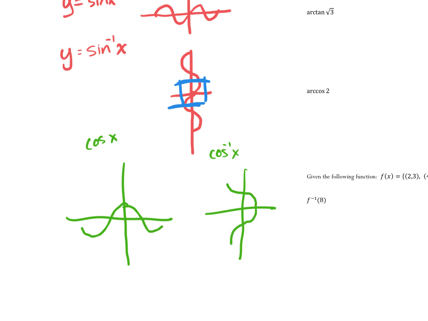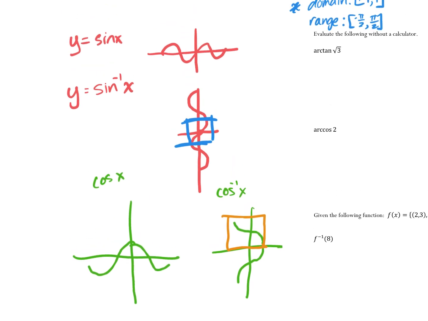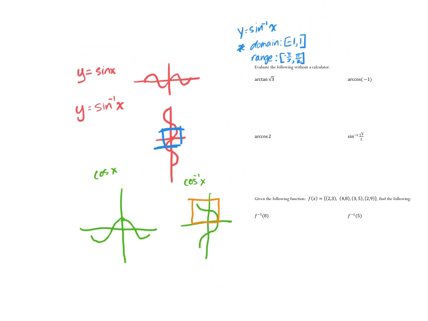It's still not a function, so we're still limiting our domain, but we still want to have every possible angle as an answer. So in this case we have to zoom in on, say, this section, because if I zoomed in on the other section, I would only have the right hand side of the graph, so I need to have both the right and the left.